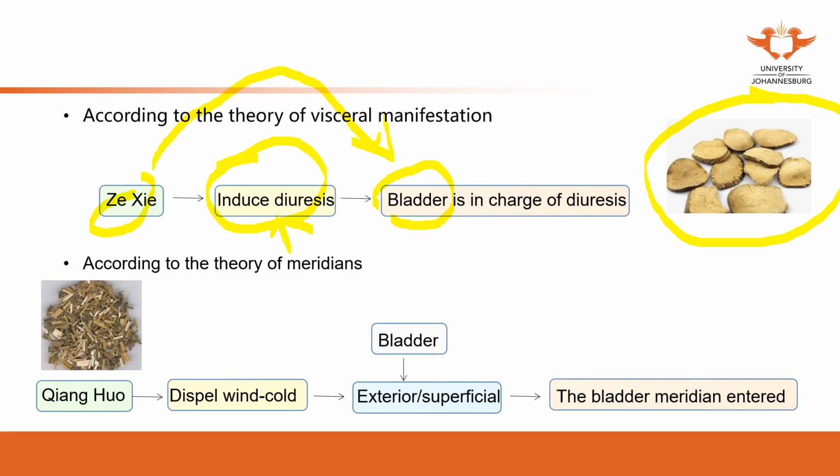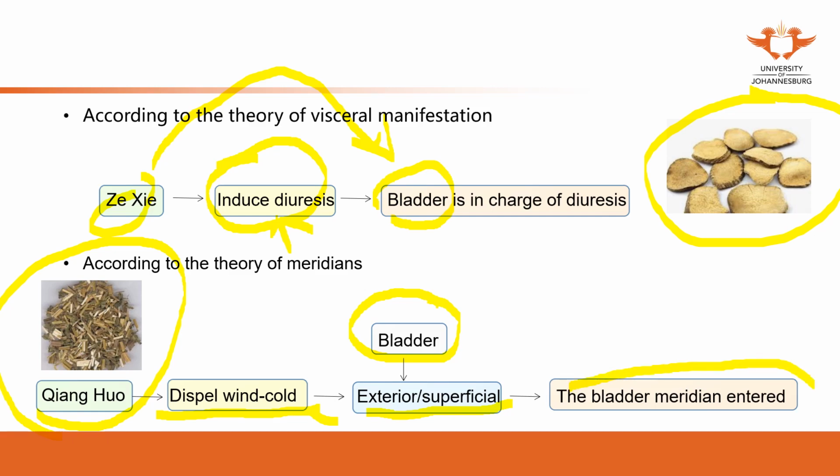According to the theory of meridian, 藿香 can be used to dispel wind cold. The wind cold normally is anterior and superficial, and anterior and superficial is in charge of the bladder meridian. So the bladder meridian is entered.